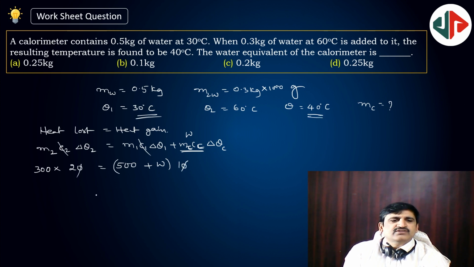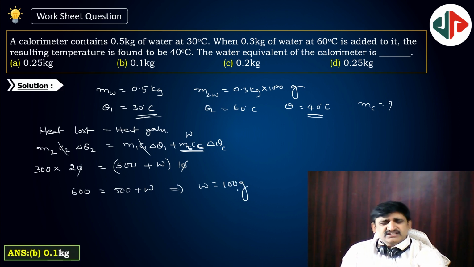So 300 into 2 is 600 equals 500 plus W, which implies W is 100 gram, that is 0.1 kg.